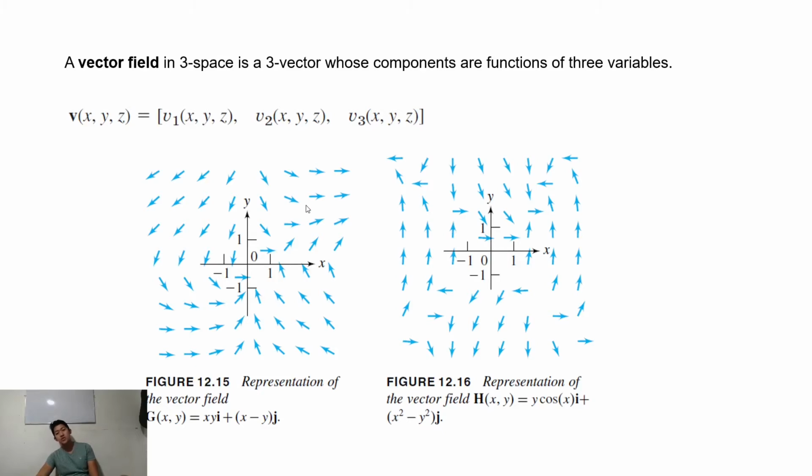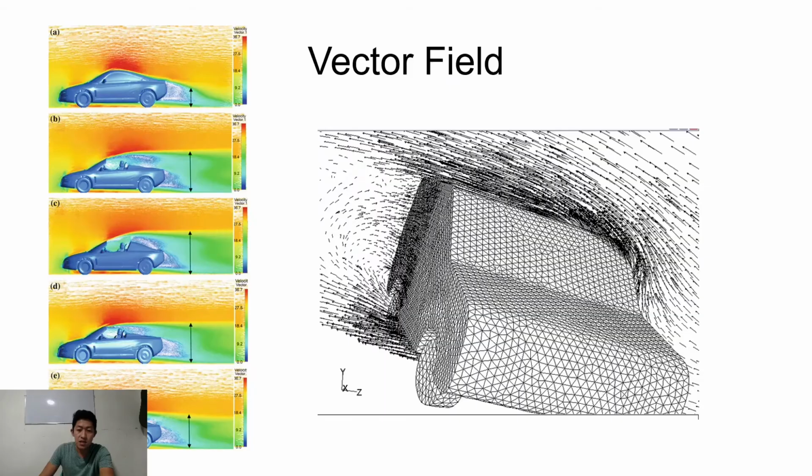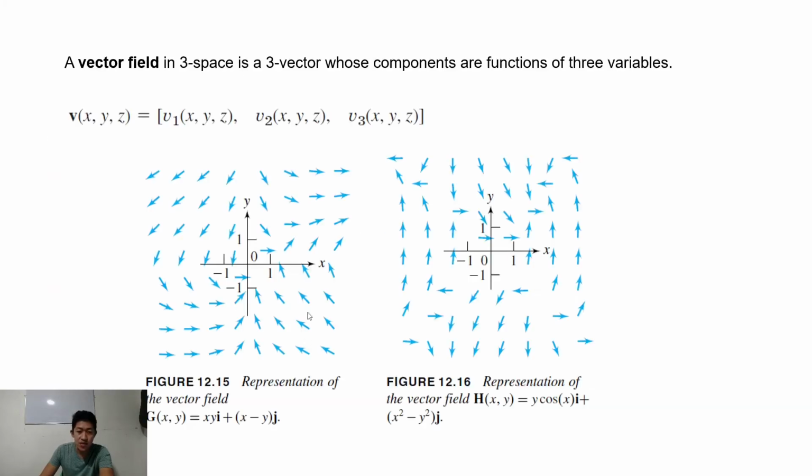These are examples of vector functions. Those arrows you saw earlier, if you know the equation of the velocity, you can plot them. This is a sample.